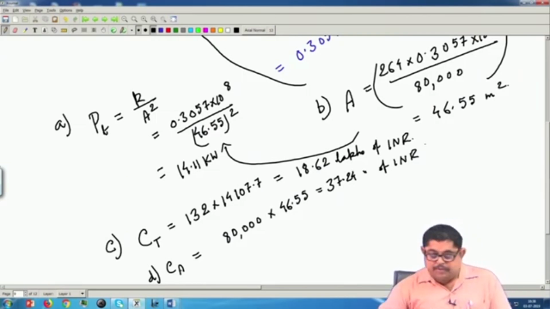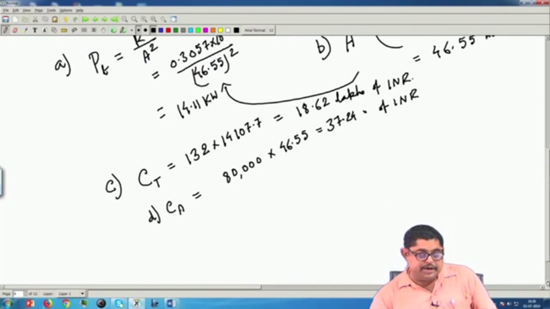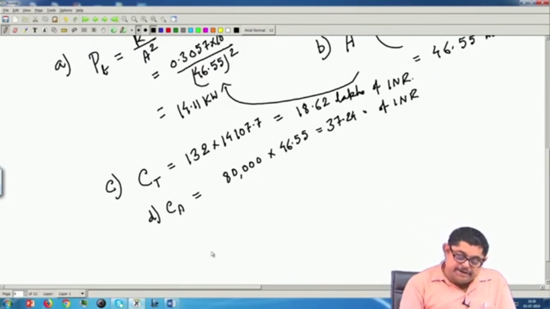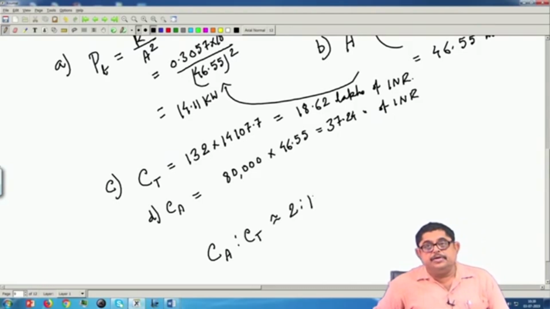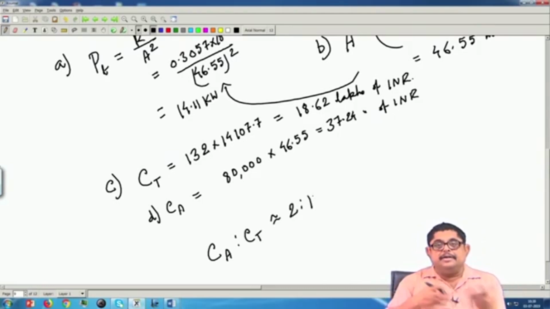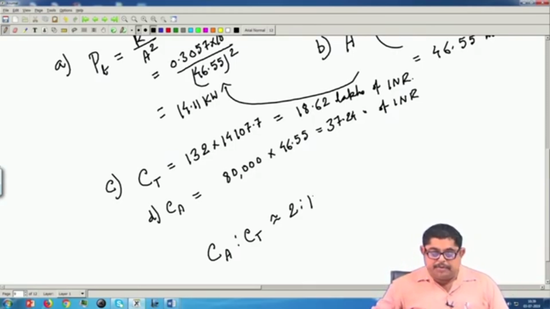So, what is the outcome of this? You should always remember this ratio, C A to C T. Roughly we can say this is 2:1. So, while allocating funds, you should always give more funds for making the antenna, because antenna technology is more sophisticated in microwave systems. So, that is this problem.